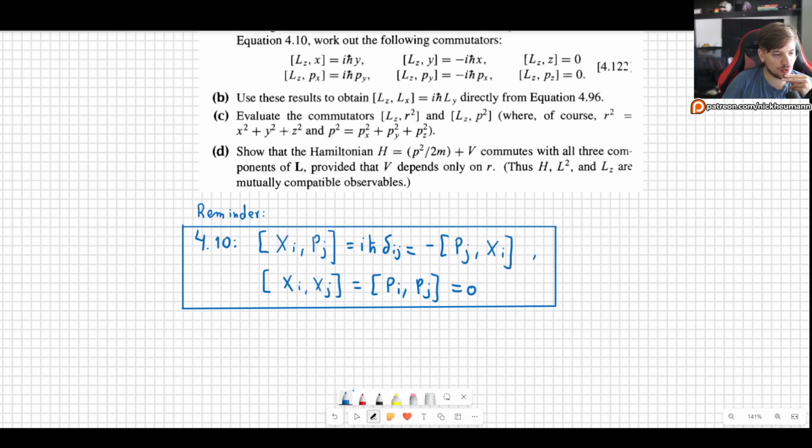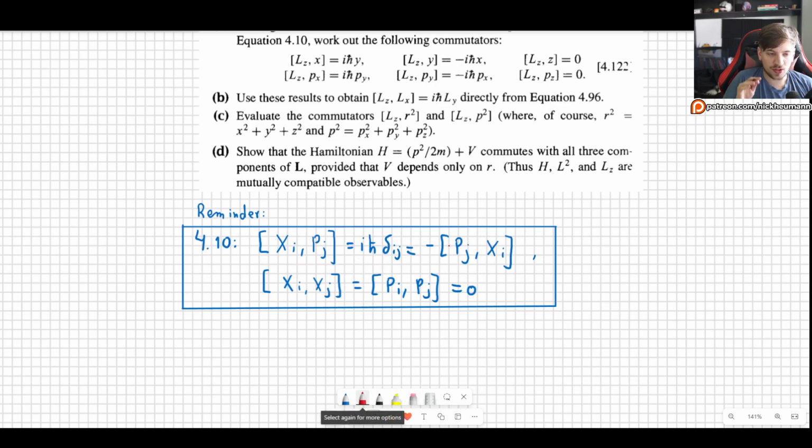And what we know already are these. We know that position and momentum have a factor, so they do not commute. They are a factor of iℏ as long as we are talking about the same direction. So for example, x and px do not commute, but x and py or pz do commute. So that's what we are representing here with this delta.